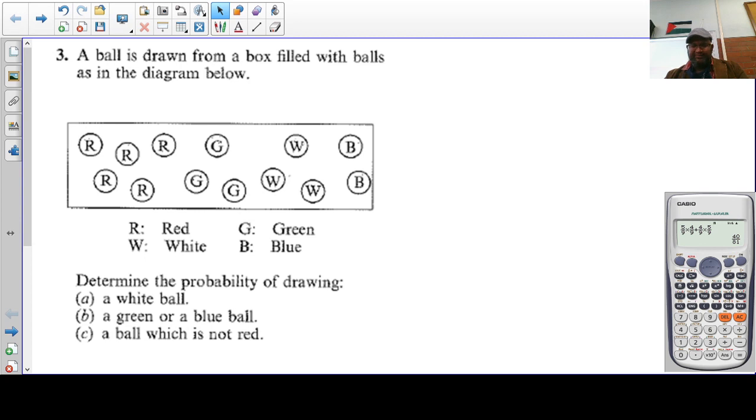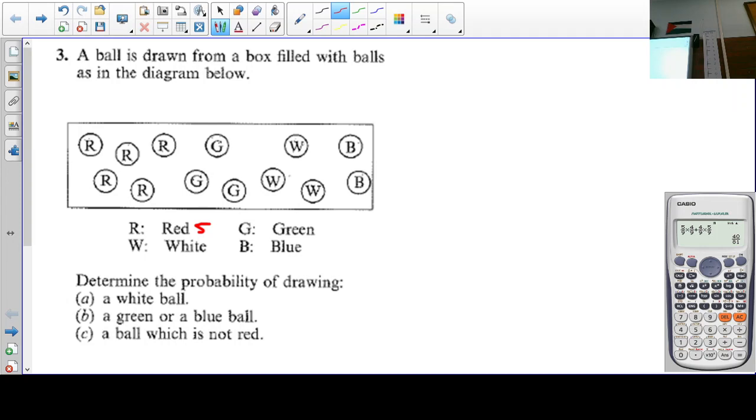Right, so in question 3 we are told a ball is drawn from a box filled with balls as in the diagram below. So we have reds, which is marked with R, so it's 1, 2, 3, 4, 5. 5 reds.